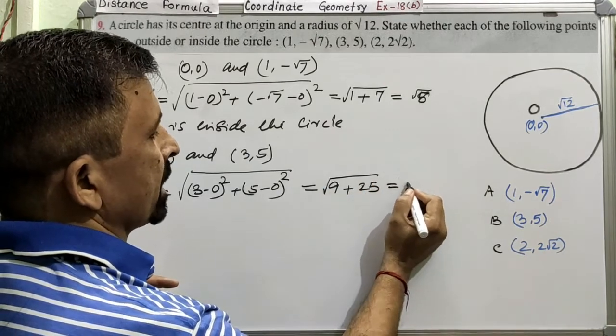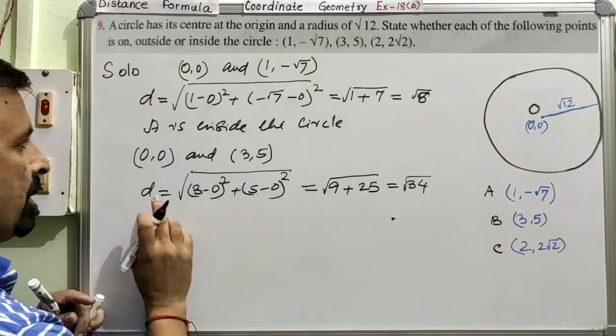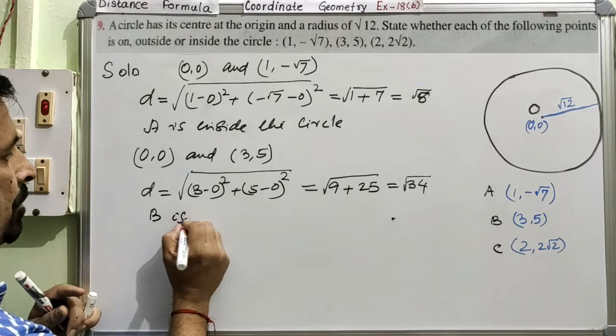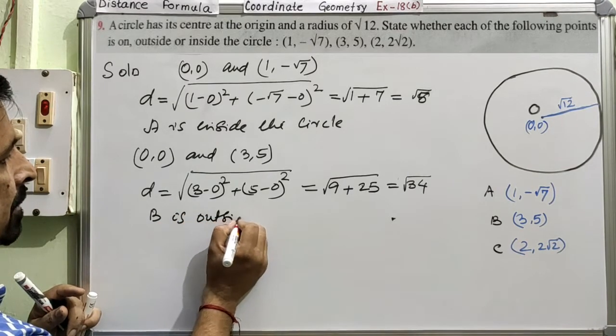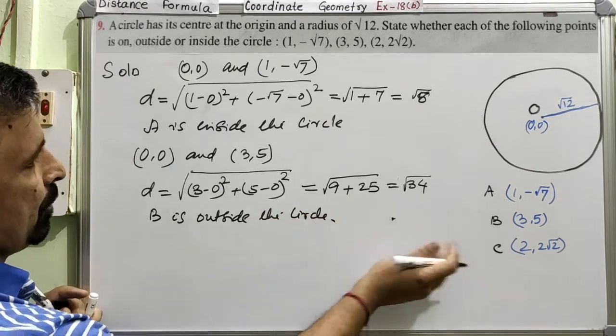This is 34. That means now this has become greater than this one. So point B is outside the circle.